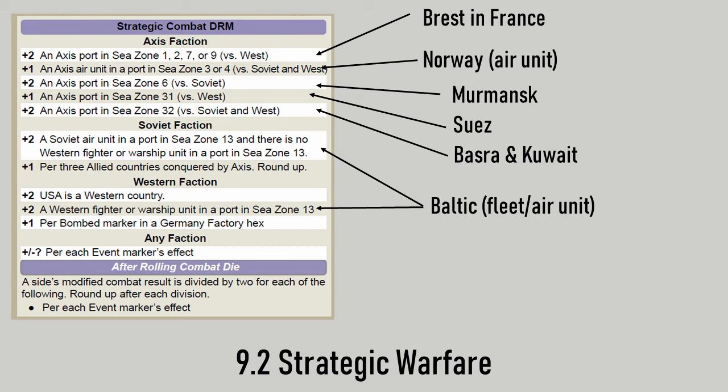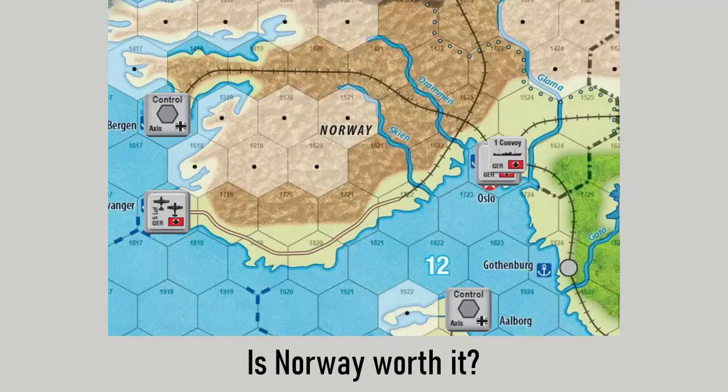So let's look at some actual practical examples, and we'll begin with one of those. Is Norway worth the effort? So if you're playing the historical scenario, you will find the following setup in Norway. There will be a Luftwaffe unit at Stavanger. There will be a convoy to supply it at Oslo, and an infantry unit available to act as a garrison.